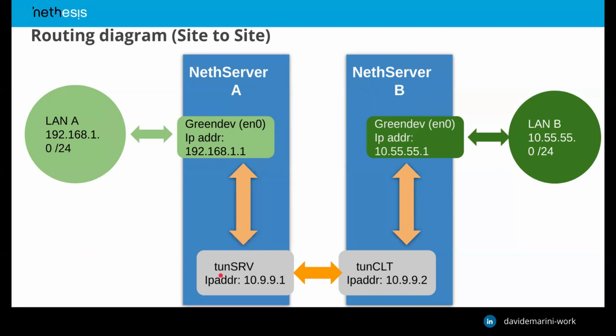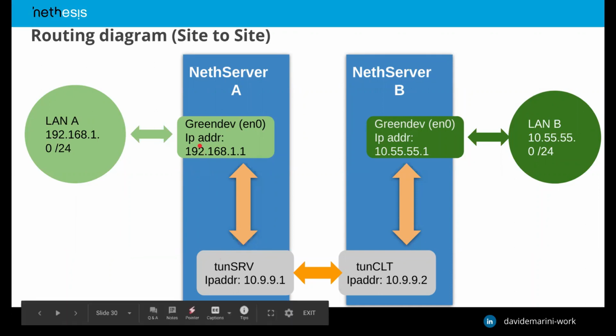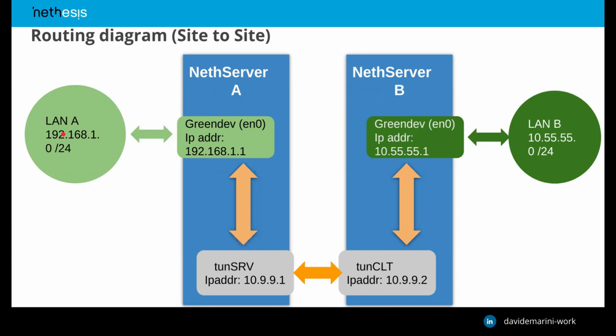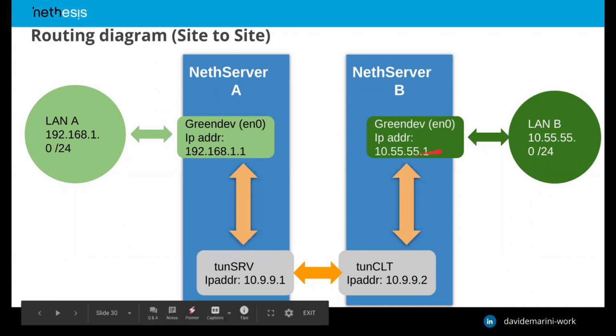NetServer A will manage incoming packets from site B and will send them to network A via its green interface. At this point, the host in network A will receive packets and will reply sending answers to its default gateway, that is NetServer A. Finally, NetServer A will route back answers to host B the same way.